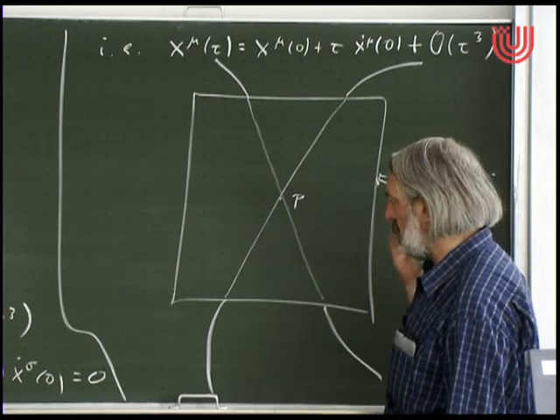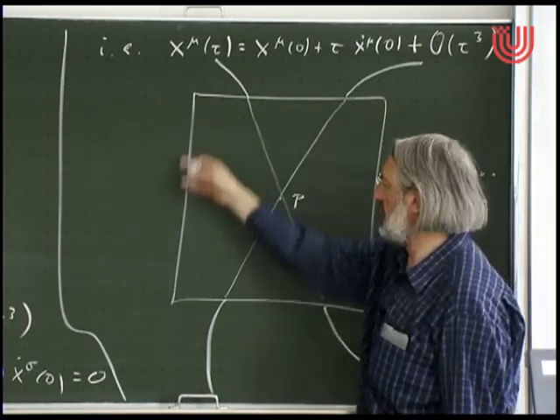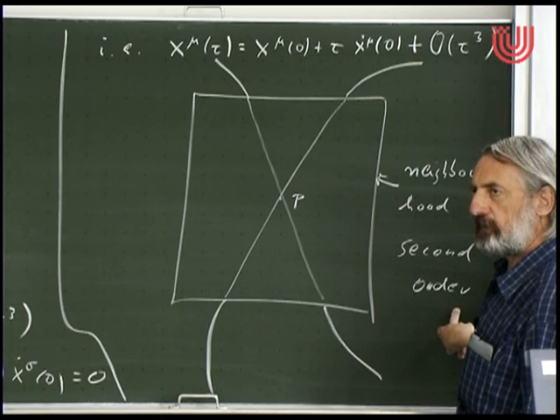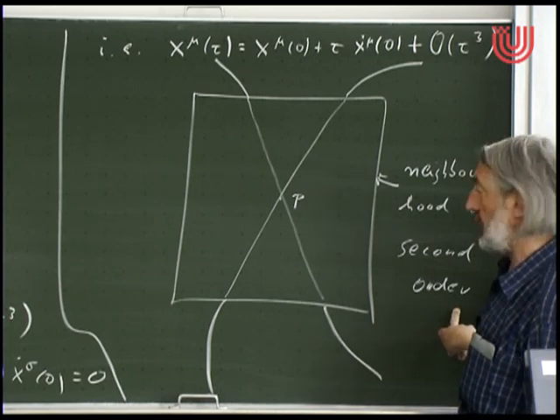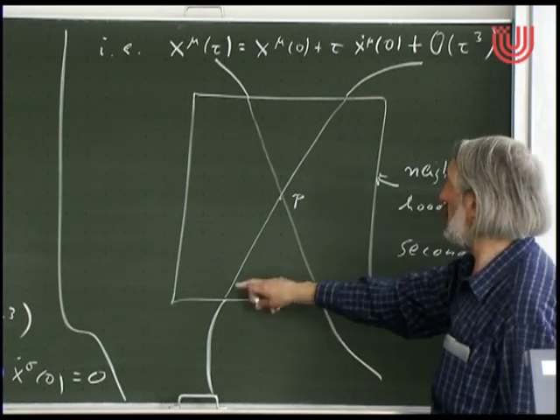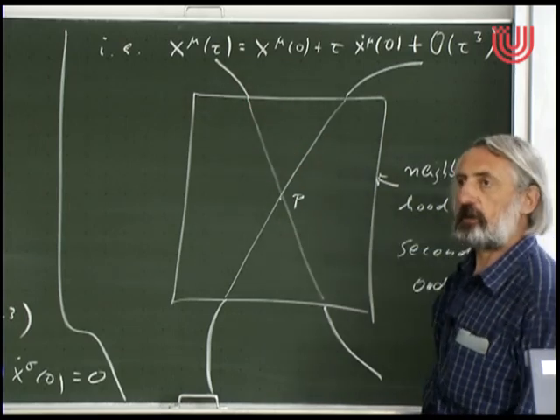If I am in a box to which these coordinates are attached, and the box is so small that I'm inside this neighborhood, then inside this box, I don't see a gravitational field. I see just my objects which are freely falling, moving on straight lines, like in special relativity.